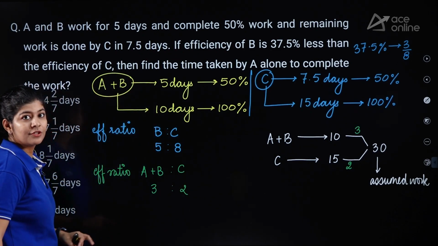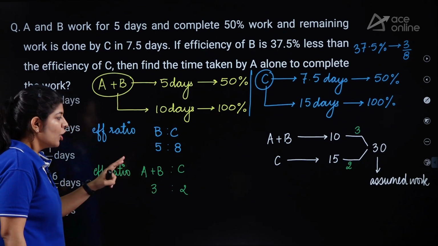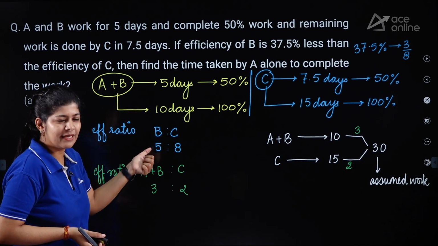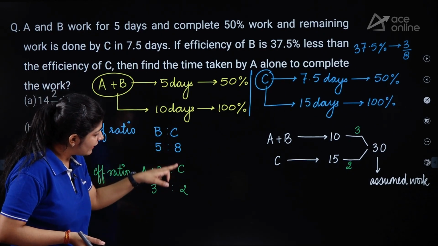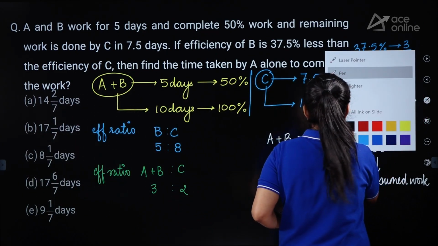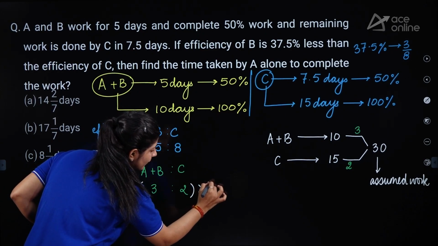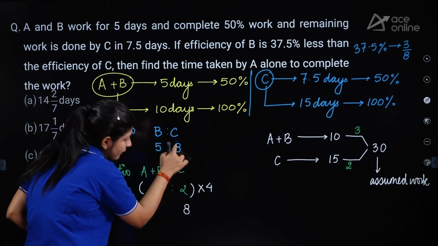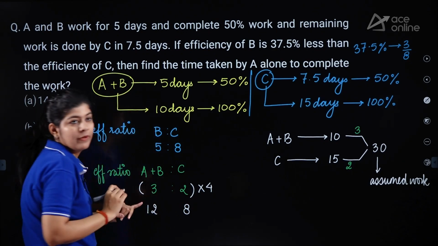But here we are talking about the efficiency of C as well, so the value should be equal. Just to make this value equal, I am going to multiply it by 4. By multiplying it by 4, the efficiency of C will become 8, which is equal to this one. And here the efficiency will become 12, right?